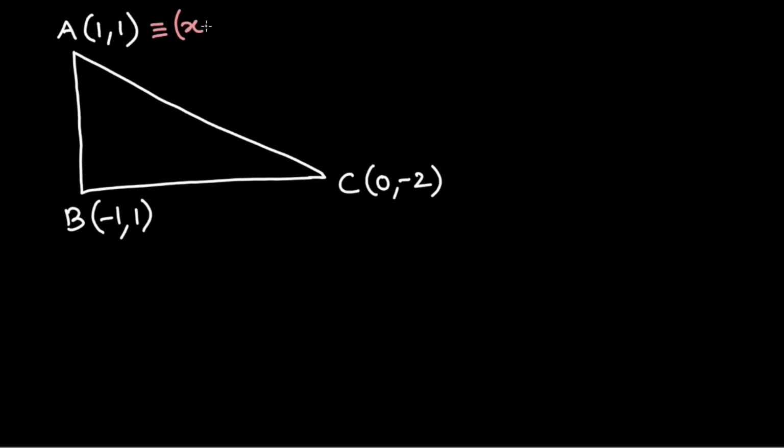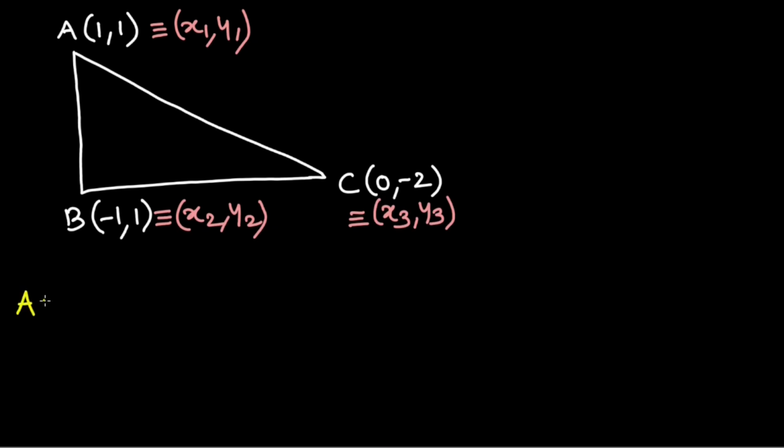Let us see how to find area of triangle ABC, the coordinates of whose vertices are A (1, 1), B (minus 1, 1), C (0, minus 2). Coordinates of A will be x1, y1, coordinates of B will be x2, y2, coordinates of C will be x3, y3.